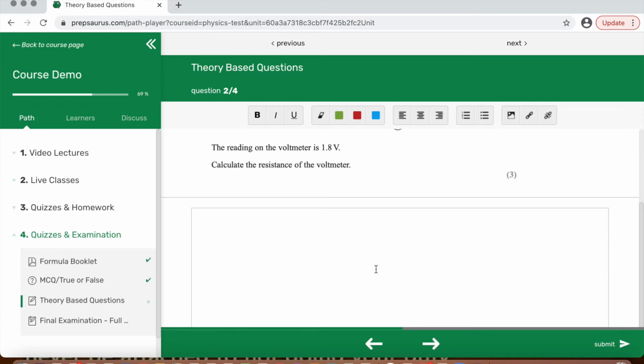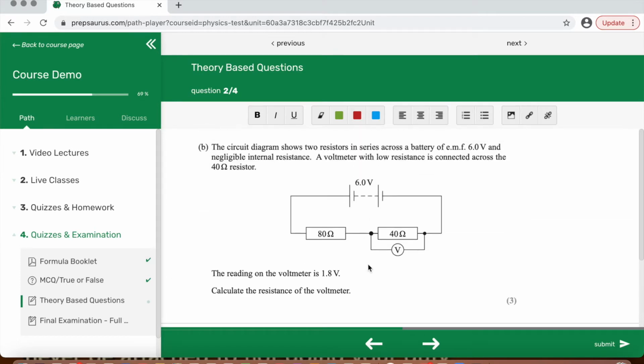The other option that the student has here is they can solve the question in the paper, in their own booklet or white paper, and upload the photo. For example, here the question states the circuit diagram shows 2 resistors in series across a battery of EMF 6 volts and negligible resistor.